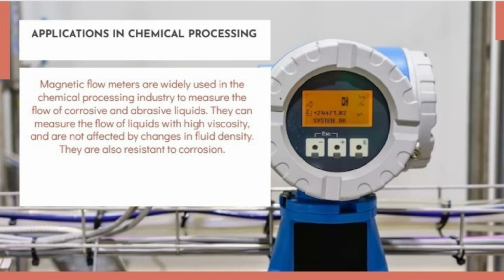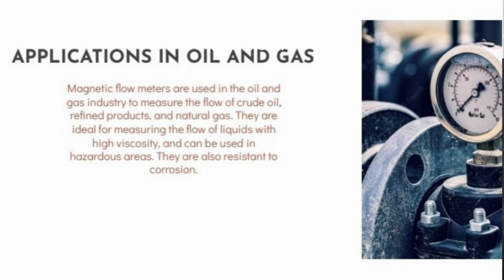When we discuss a few advantages of the magnetic flow meter, it can handle sludgy and greasy materials. Also, it can handle corrosive fluids. It has very low pressure drop and is totally obstructionless. It is available in large pipe sizes and capacities, as well as in several construction materials.